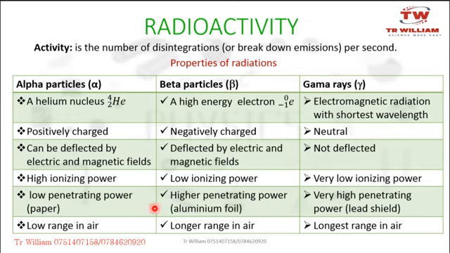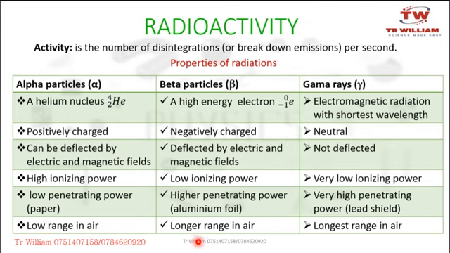Because alpha particles are heavy, they cannot move very far. It's like if I tell two people here, one who is very big and another who is very tiny, to run, you realize that the smaller one might run faster than the bigger one. So alpha particles are very big and heavy, they don't go very far if you push them in air, so they have a low range in air.